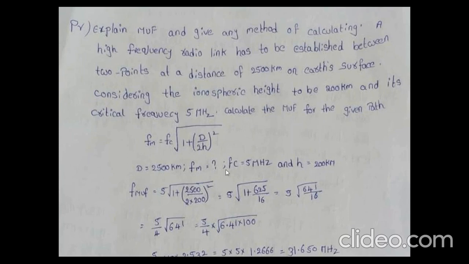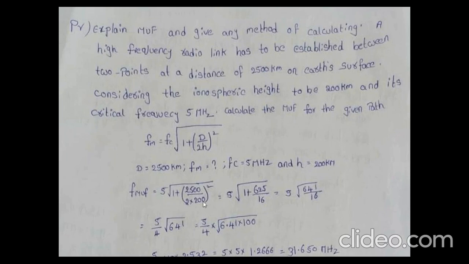Since d and h are both in kilometers, we can directly take 2500 by 2 into 200. If one of them is given in meters and the other in kilometers, then you have to convert both into meters.